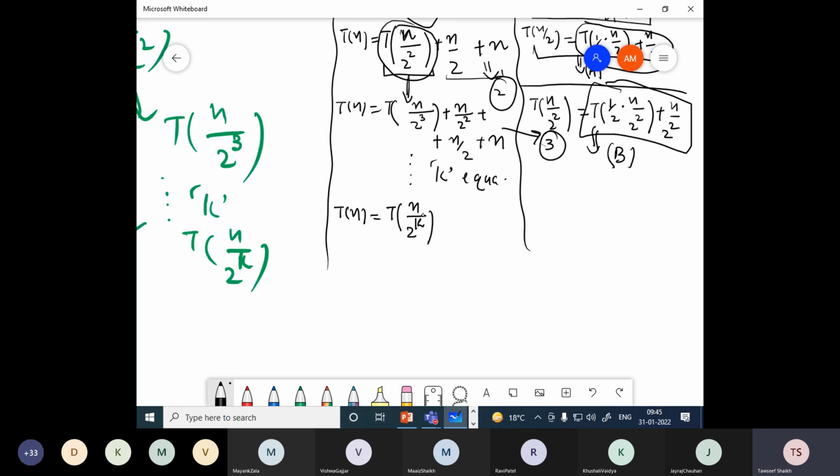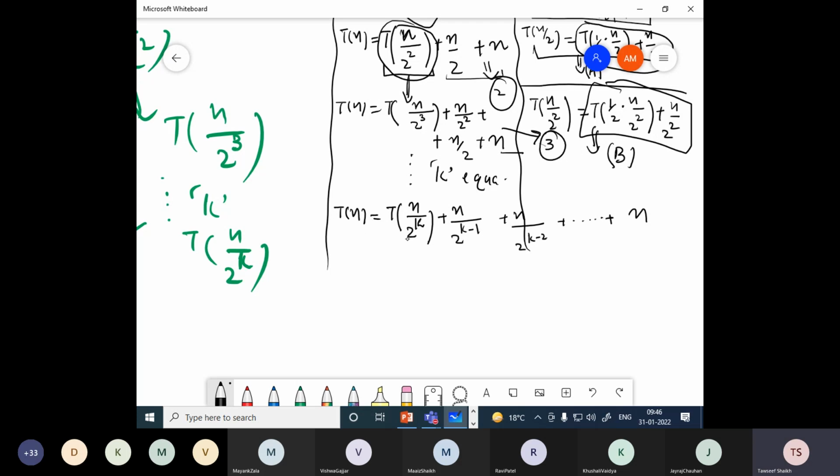When it will be kth, 2 to the power k, plus n divided by 2 to the power k minus 1, plus n divided by 2 to the power k minus 2, plus and so on, and it will go up to when there will be no k involved, meaning n.